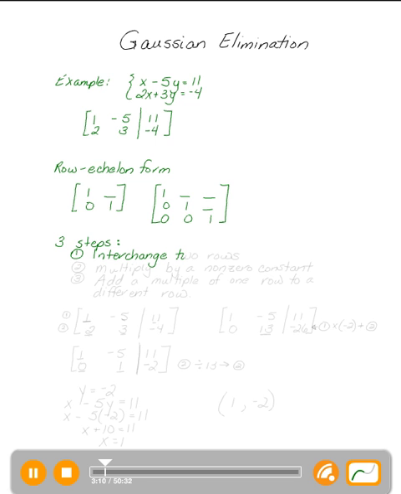So if perhaps we have a 1 in one of the rows, but not in the position we want it in, we are allowed to interchange 2 rows. We are also allowed to multiply any row by a non-zero constant. And the third thing we are allowed to do is add a multiple of one row to a different row.